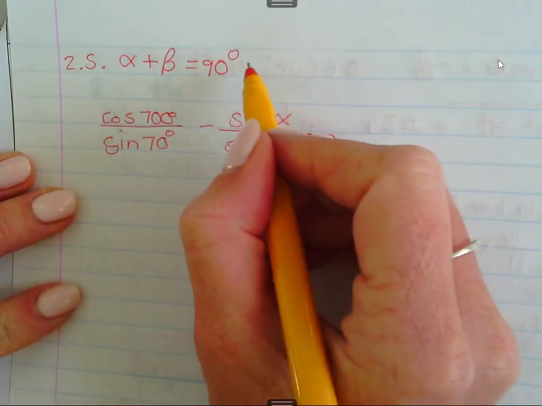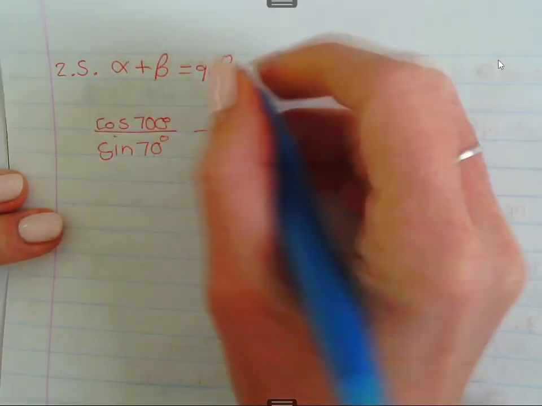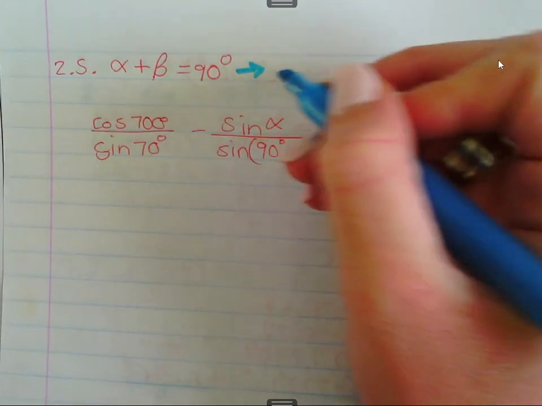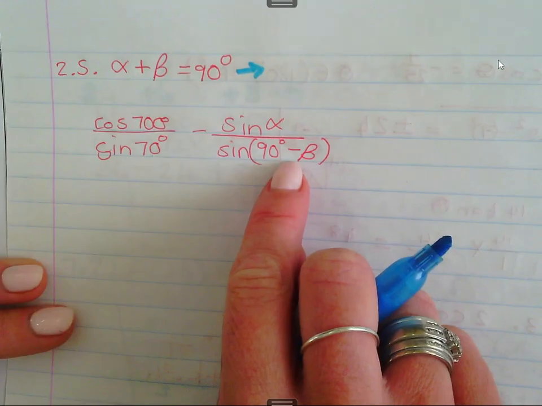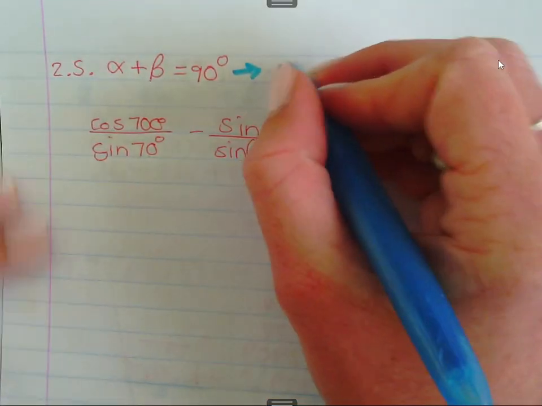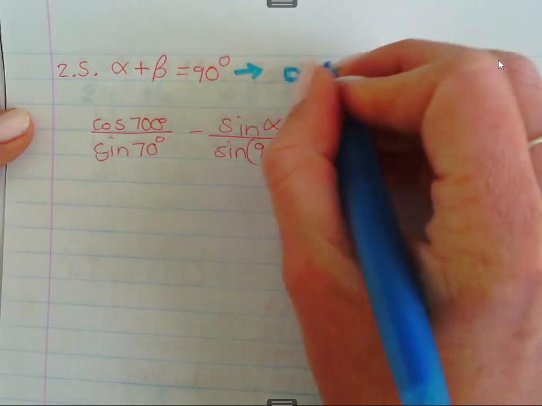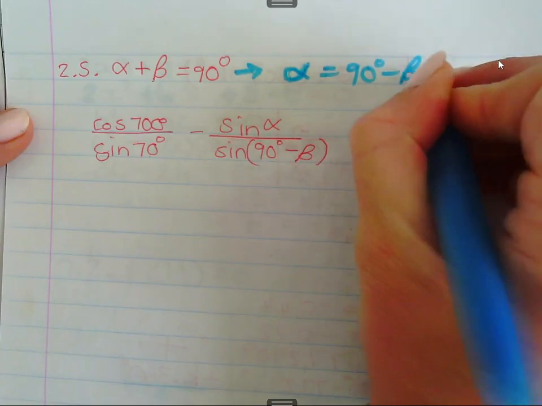Okay, as ek net hierdie boonste deeltjie vir jou op so 'n klein manier anders te kan skryf, is dat hy nou kan wees, jy kan alpha ook kry of jy kan beta kry, net soos wat jy wil. Jy sal sien daar jy alpha en daar jy beta. As jy alpha in terme van beta gaan kry, we want to get alpha in terms of beta, then it will look like this. Alpha is equal to 90 degrees minus beta.